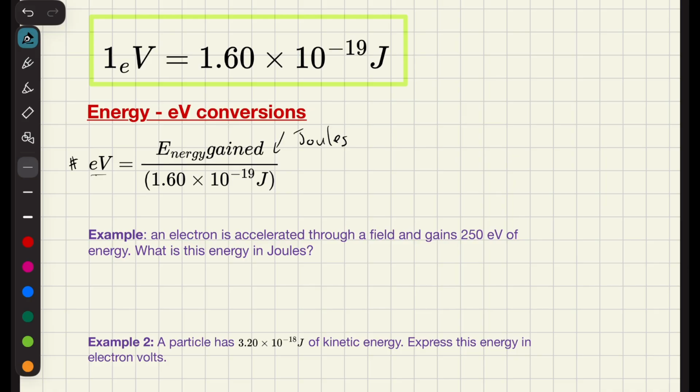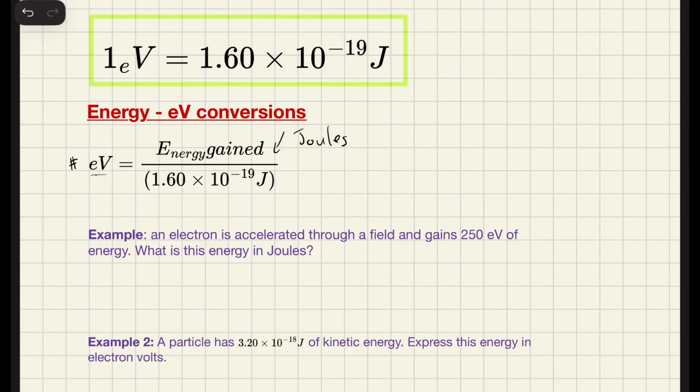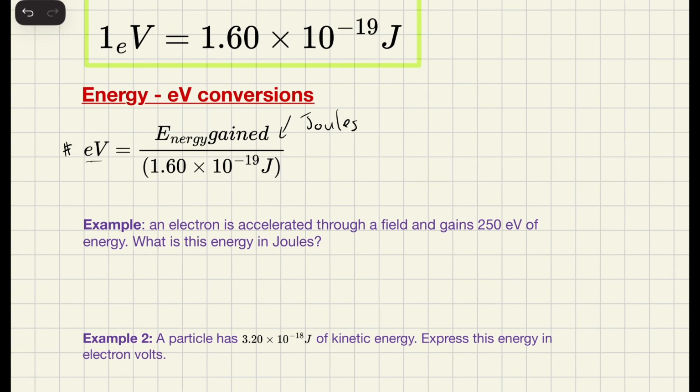So how does this work exactly? Well, we're just going to use that ratio to help with all kinds of conversions here. If I look at the first example, an electron is accelerated through a field and gains 250 electron volts of energy. What is this energy in joules? So we have 250 electron volts, and what we don't have is the energy gained, so I'll leave that at the top.